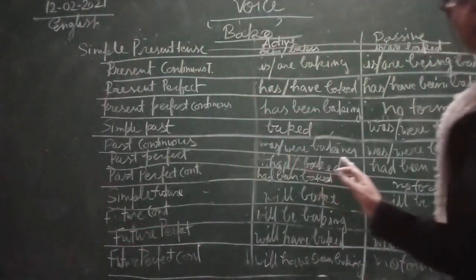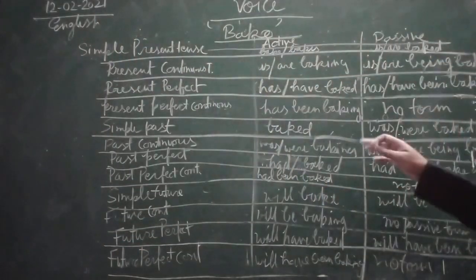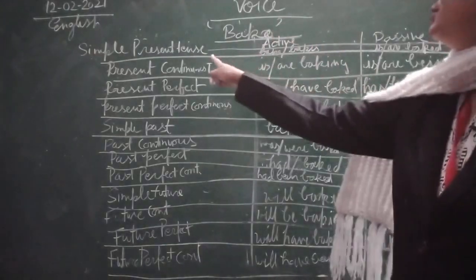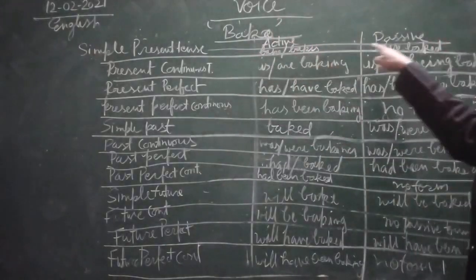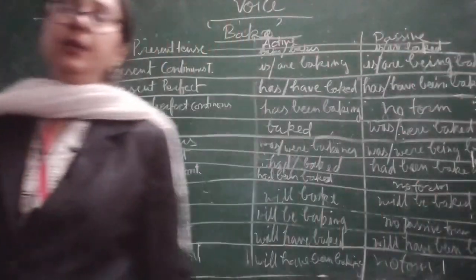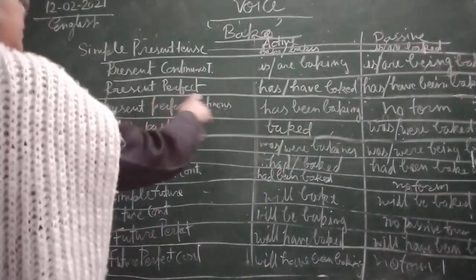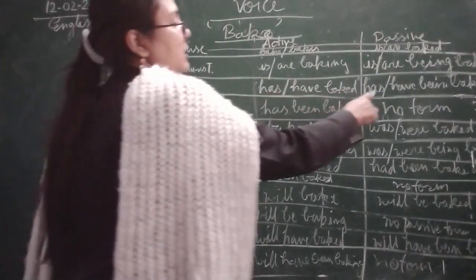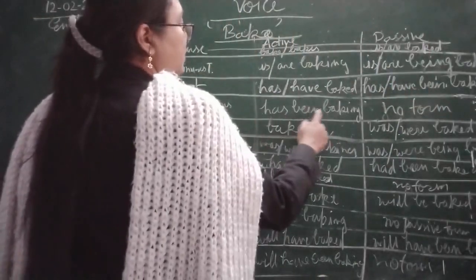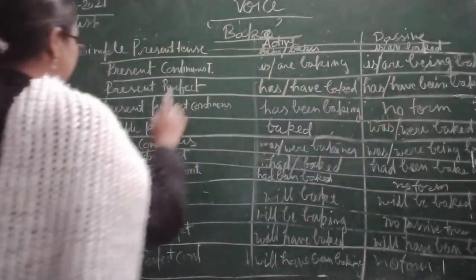Okay, so learn this table, because I have taken bake in a different form. Simple present tense, bake and bakes, and is or are baked in passive voice. Present perfect tense in active voice, has and have baked, has and have been baked. Present perfect continuous, has been baking, no form will be there.